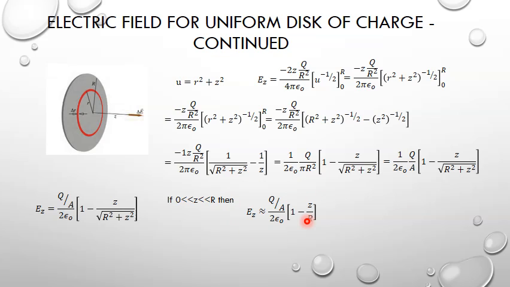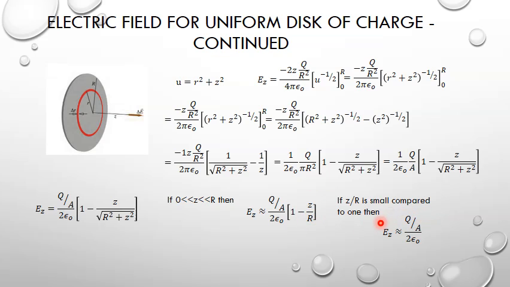Now, if R is big compared to z, and that makes z divided by R small compared to 1, I can make an additional approximation. And that is that this z divided by R is so small it's almost 0.